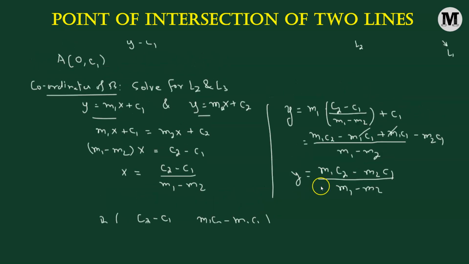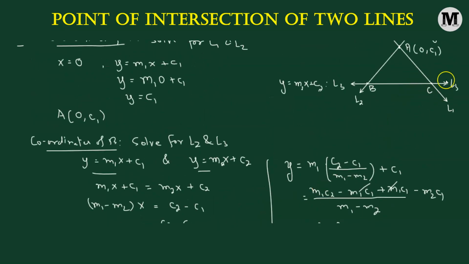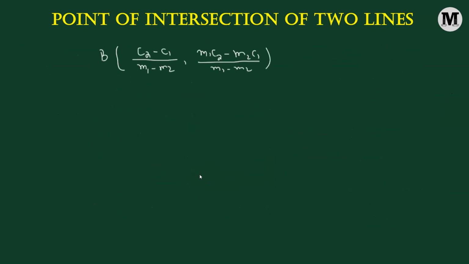Fine. Finally, we will find the coordinates of C. For this, we need the equation of L1 and the equation of L3. We solve x equals 0, which is the line L1, and y equals m2x plus c2, which is L3.